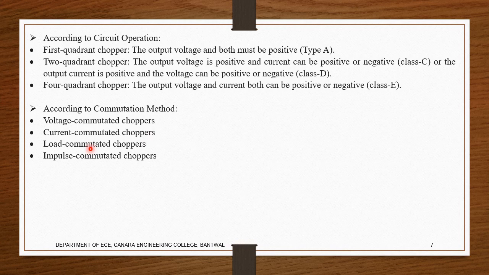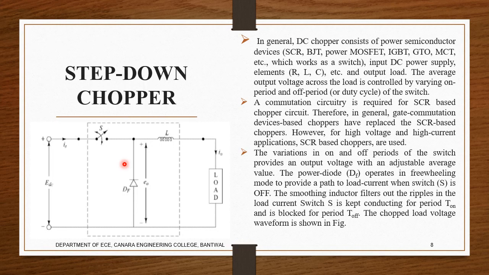Depending on how much load we have given, it can have an impact on those circuits; that we call the load commutated chopper. Next is the impulse commutated chopper, based on the pulse we are providing. So this was a brief idea about the choppers and their classification.